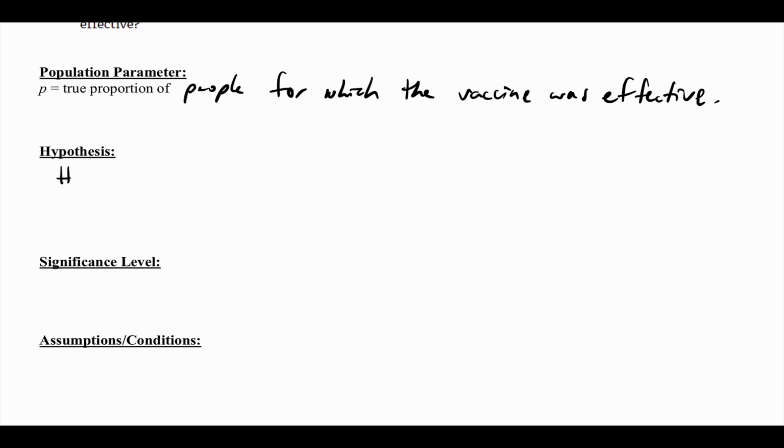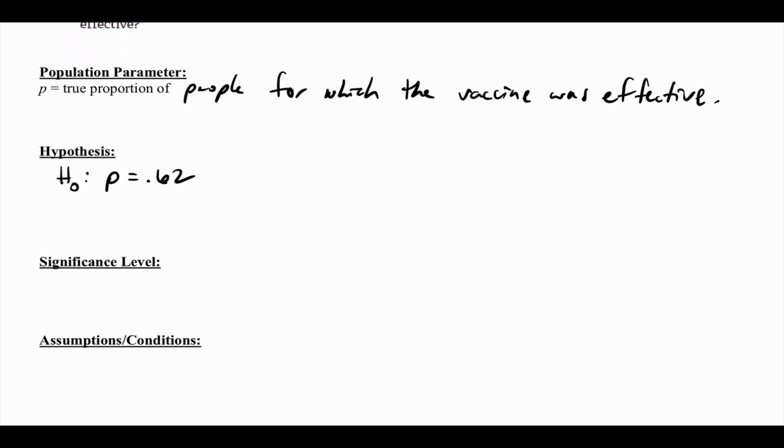Hypothesis. So first thing we do is our null hypothesis, H sub 0. It's proportion, so we're going to use a P. What is the claim about the effectiveness? That's what we're going to do on our alternative. Our alternative will be greater than, less than, not equal to. What is the claim, though? The going claim, what is the true proportion for which it's effective? 62.